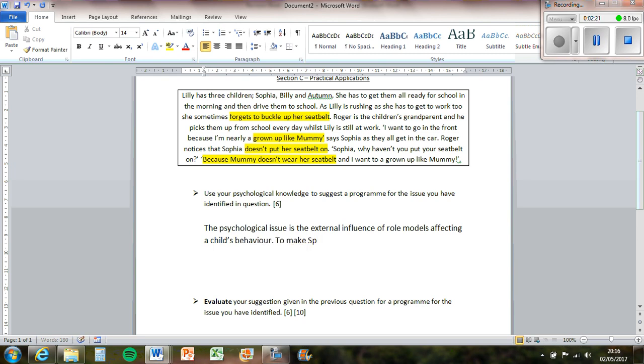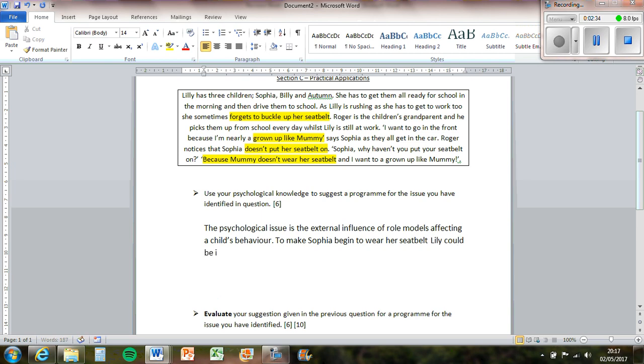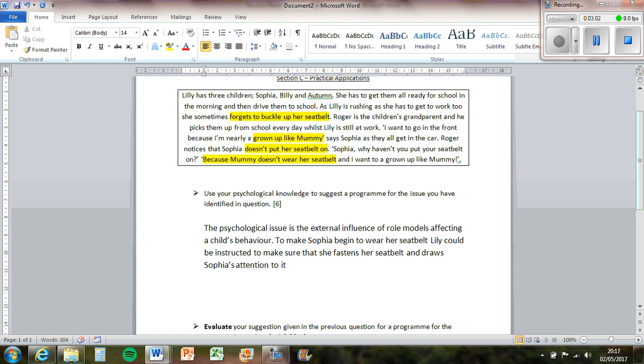To make Sophia begin to wear her seatbelt, Lily could be instructed to make sure that she fastens her seatbelt and draws Sophia's attention to it every time they are in the car.